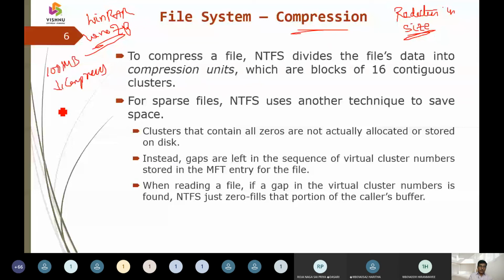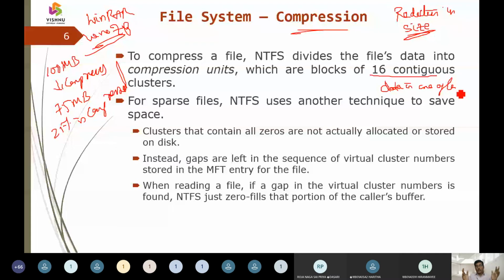How does compression take place? When disk blocks are contiguous in clusters, contiguous in the sense that data is one after the other, the data is compact.